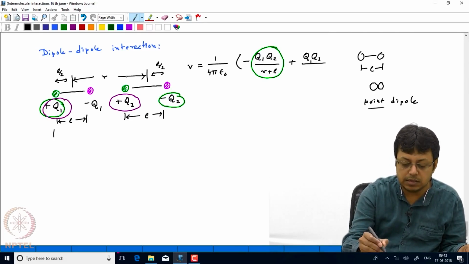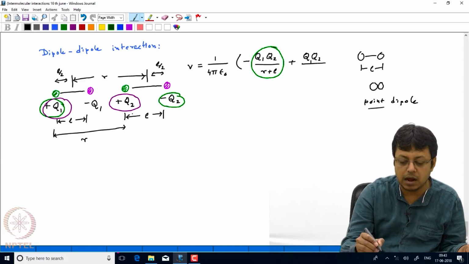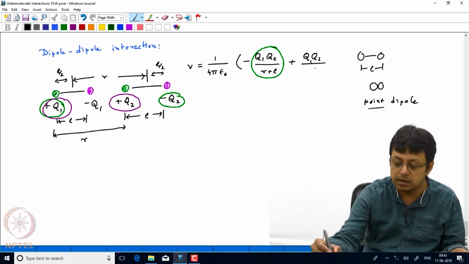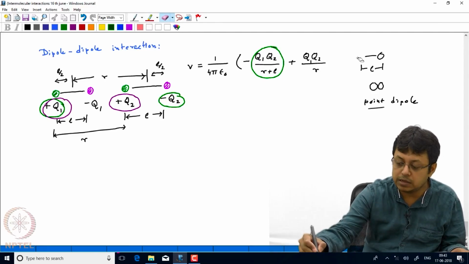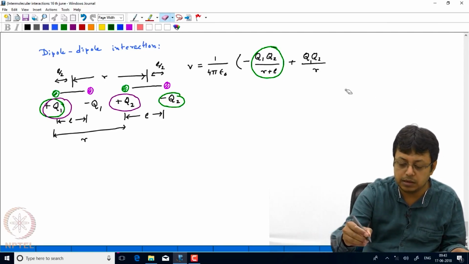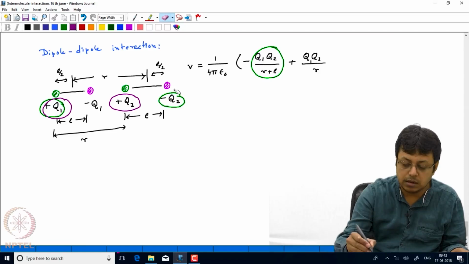So this distance will be basically R itself, because this is R minus L by 2, and this is R plus L by 2. So we are basically adding and subtracting L by 2 from both sides. So this will be just R. Similarly, now we can work out the interaction potential of the third term.